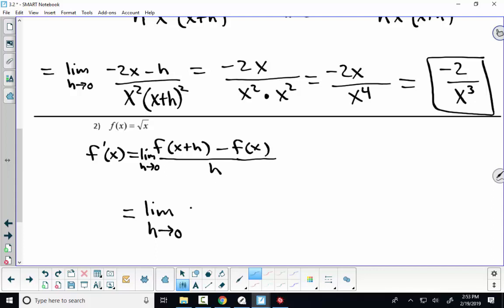Okay, f of x plus h is just the square root of x plus h minus the square root of x all over h.